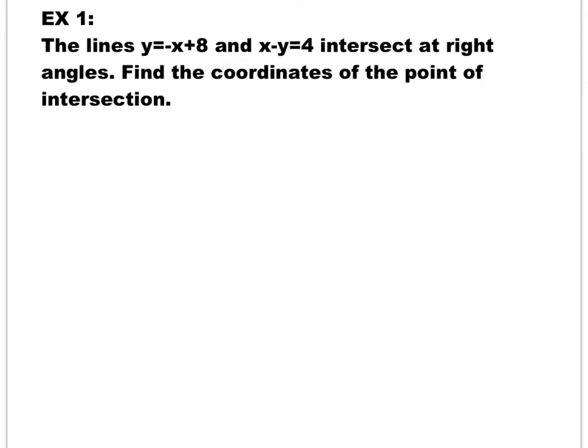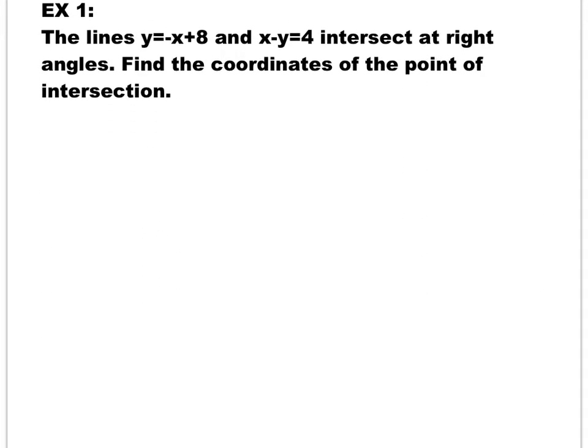The first example says that you have two lines that intersect at right angles. Find the coordinates of the point of intersection. Let's first see if these two lines are really perpendicular to each other. To do that, I'm going to write the second equation in slope y intercept form.